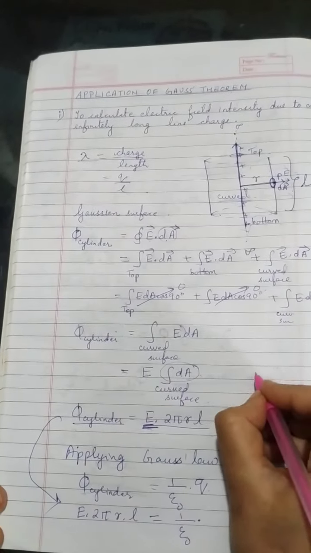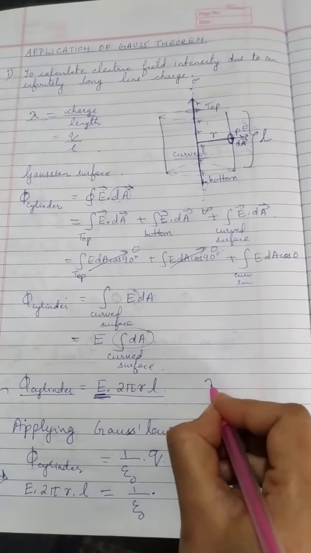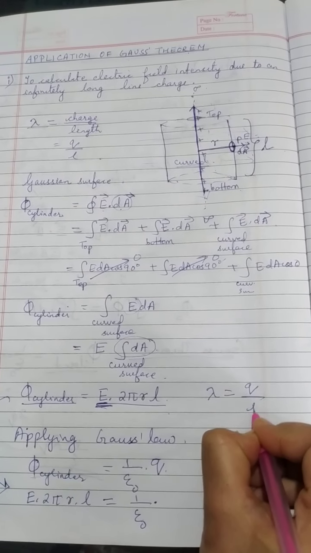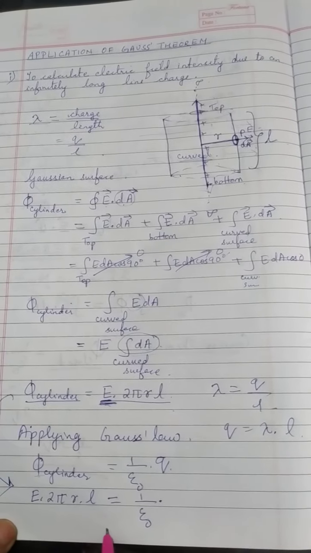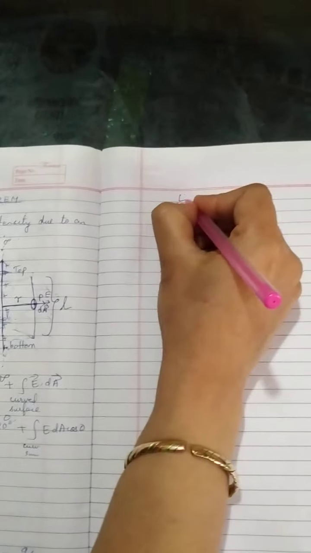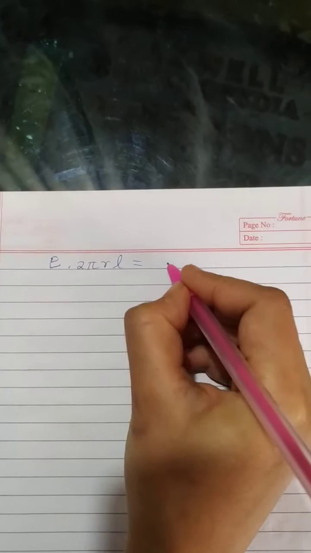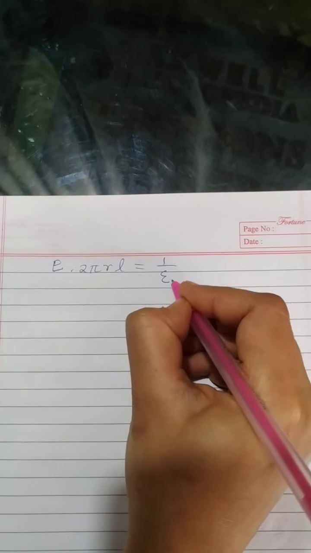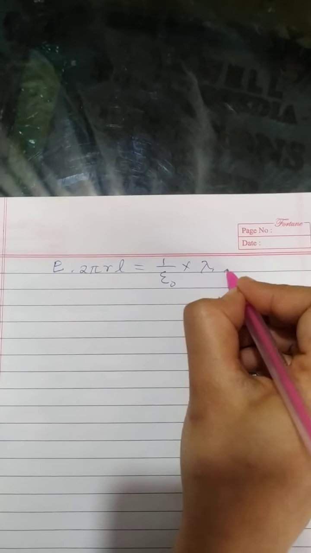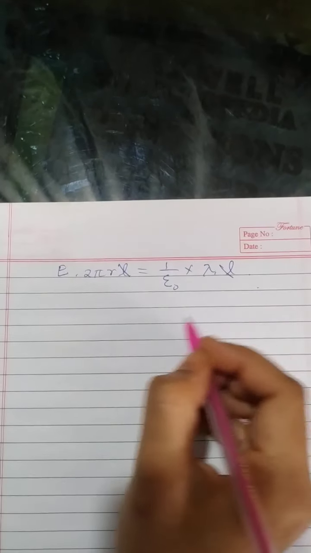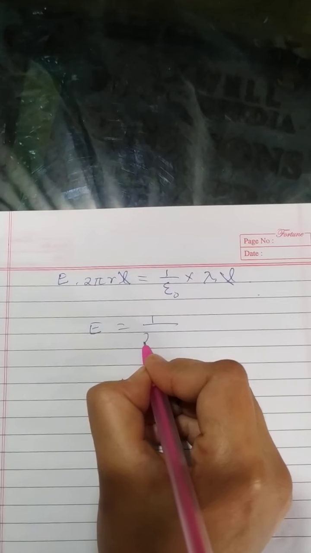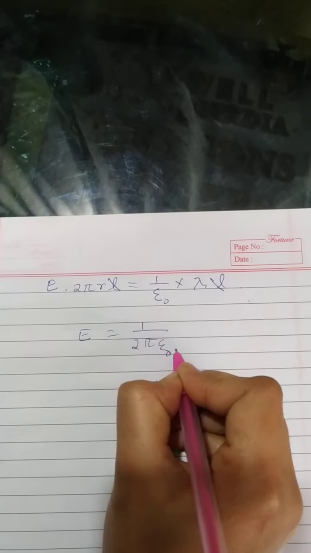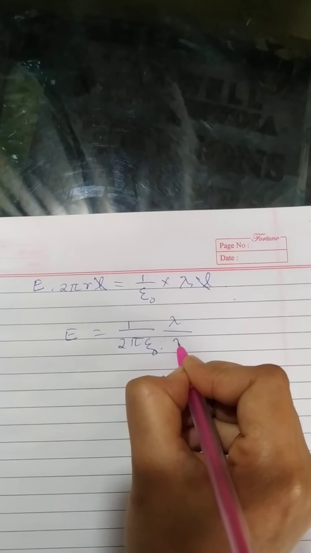We will go back to our linear charge density term. Lambda is equal to Q by L. From here, Q will be equal to lambda into L. Let's replace it here. E 2 pi r L will be equal to 1 by epsilon naught times the total charge, which is lambda into L. We can cancel L. So E will be equal to 1 by 2 pi epsilon naught times lambda divided by r.